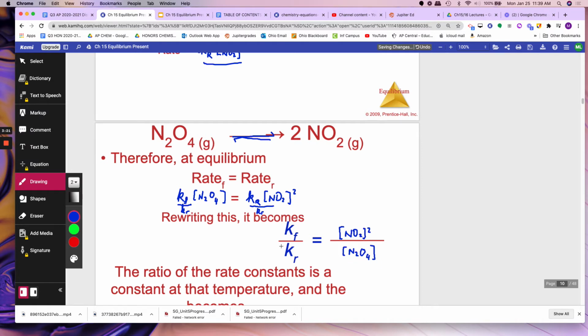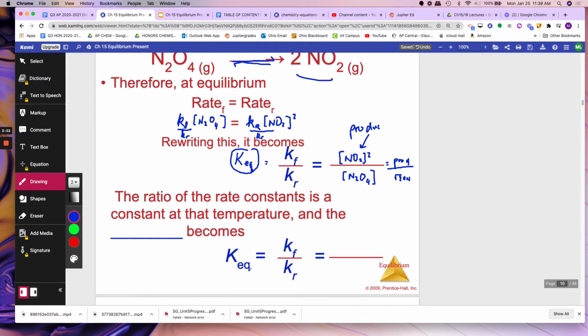This ratio of K forward to K reverse is equal to the equilibrium constant, uppercase K, EQ. And as you can see, K equilibrium is nothing more than the ratio of products over reactants. So I just derived the equation for you.